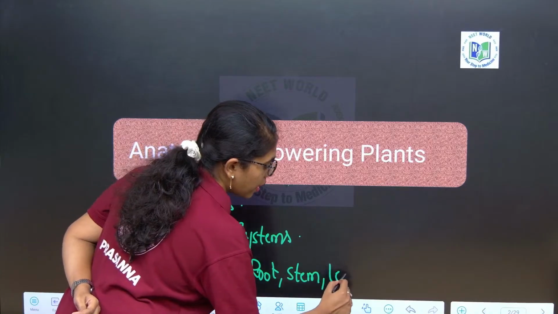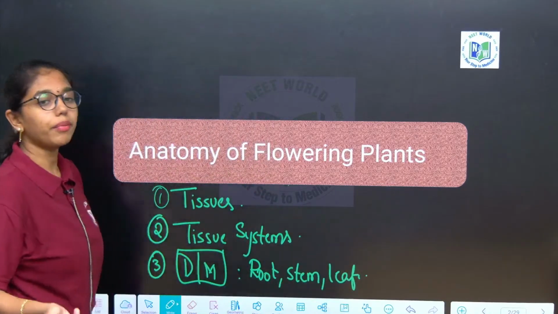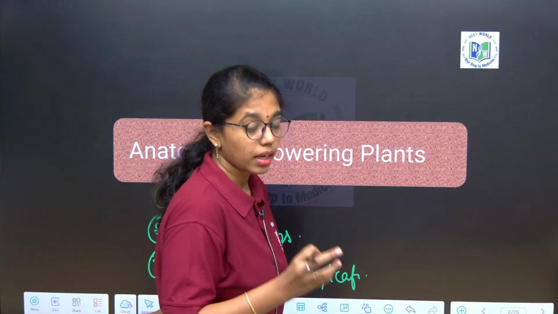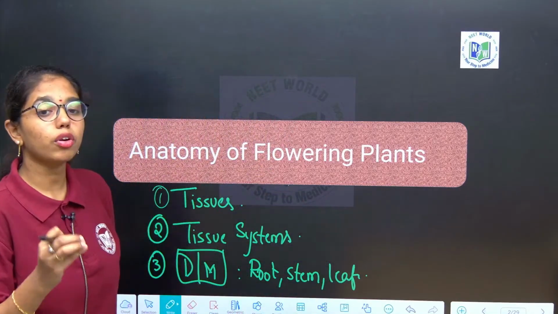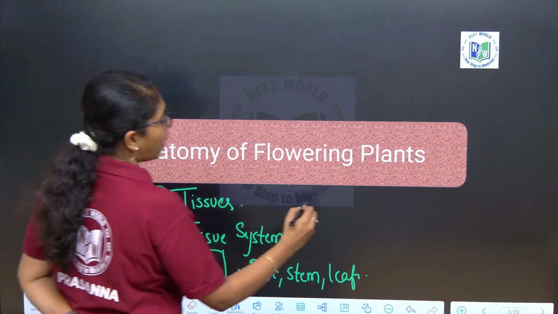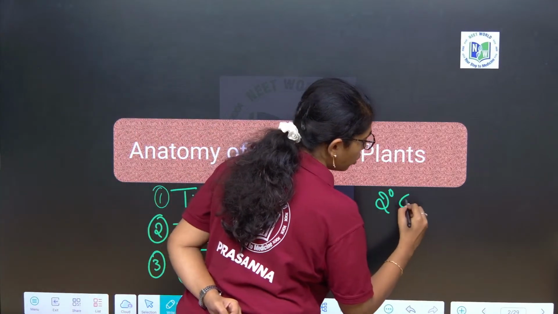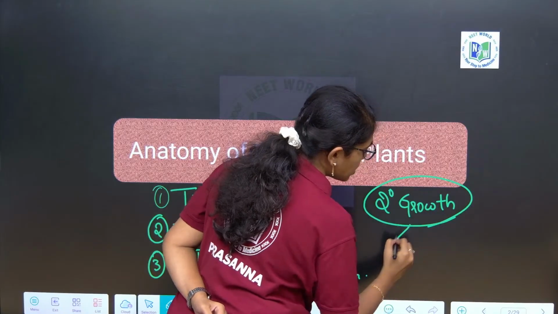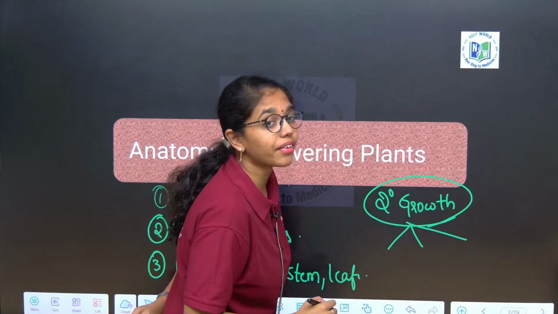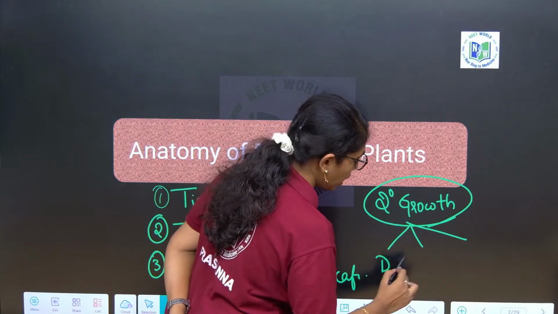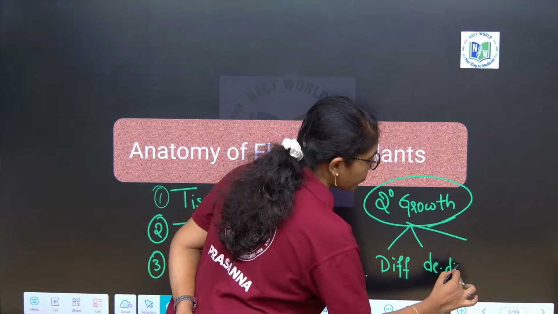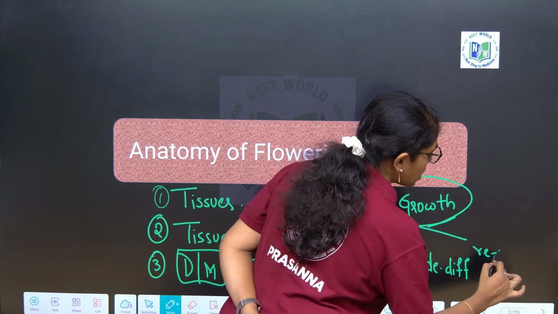Very good. And of course, we all know that from 2024 secondary growth is being deleted, but you have to learn secondary growth in the context of differentiation, de-differentiation and redifferentiation.